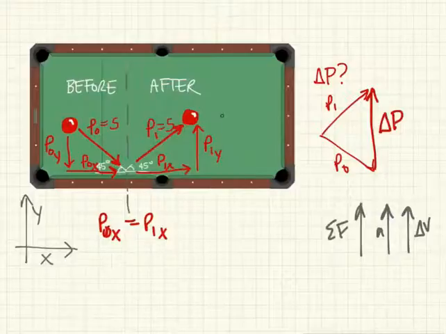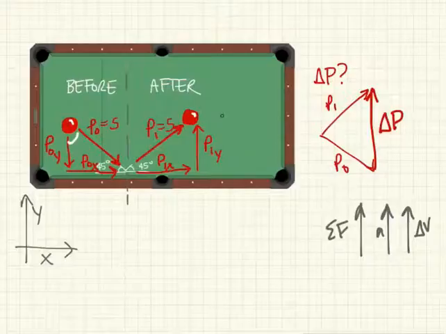How can I calculate the numeric value for that now? We can just use a little bit of trig. This angle right here is equal to our 45 degrees. The momentum change in the y direction is touching that angle. So instead of working with the x direction, we work with the y direction.